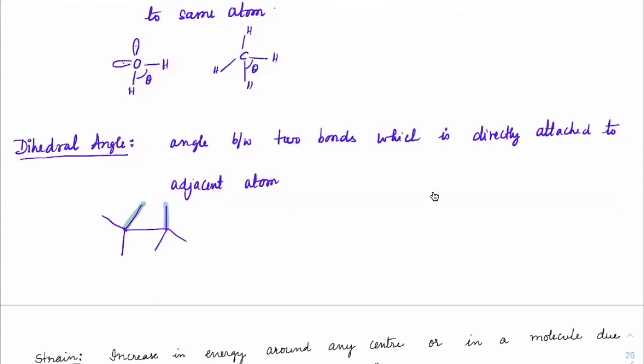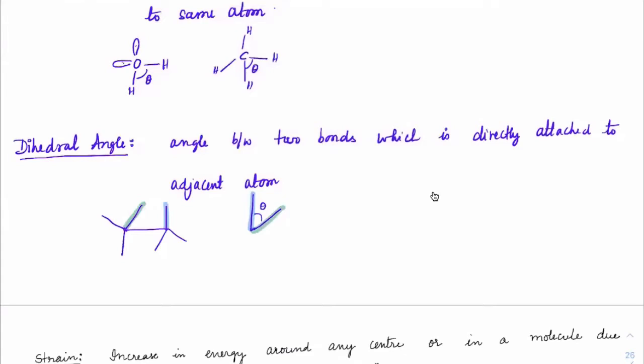I'm trying to find out the angle between this green one and this blue one. They are not literally connected to the same carbon, but they are connected to the adjacent carbon. This carbon and this carbon are connected to their respective adjacent carbons. The angle between those two is the dihedral angle.